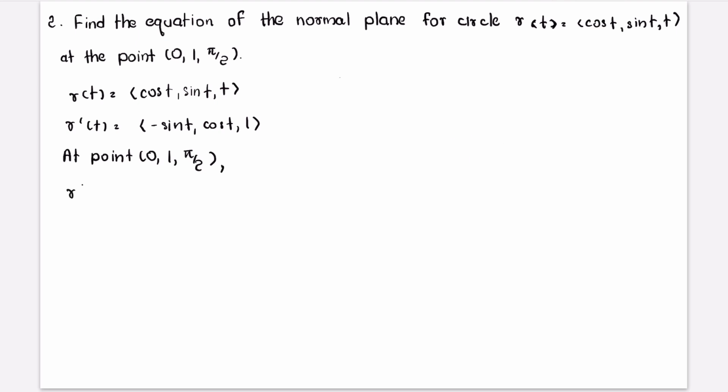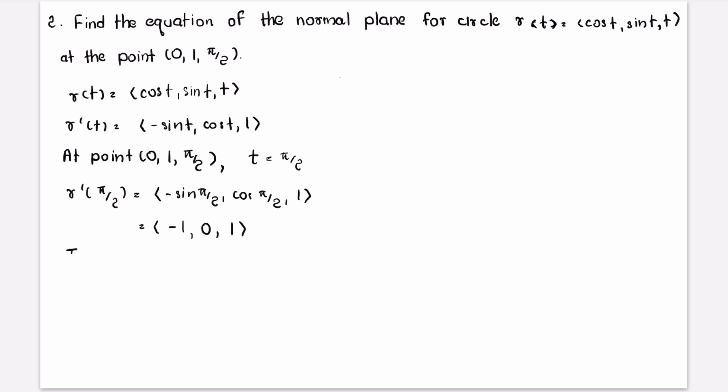So t is pi minus 2. So substitute t with pi minus 2, and it is minus 1, 0 and 1. So we got that vector.